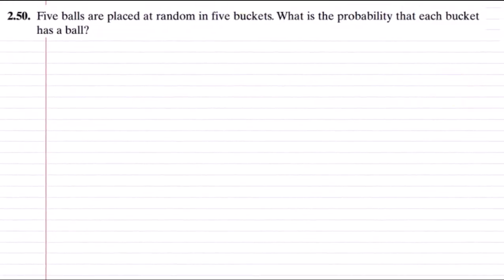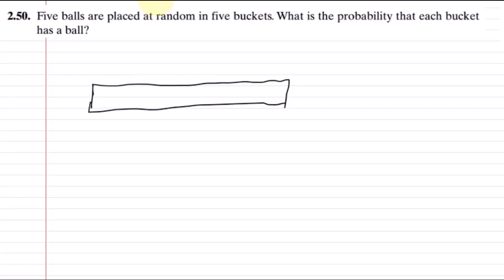Now we have another question here, and it is asking us that 5 balls are placed at random in 5 buckets. What is the probability that each bucket has a ball? Suppose, again let us use the same example here, we have 5 buckets, 1 2 3 4 5.